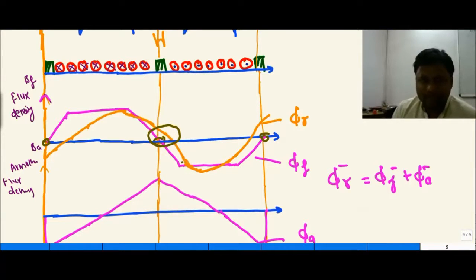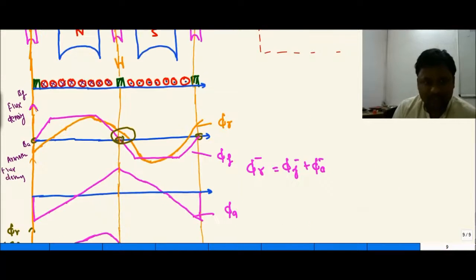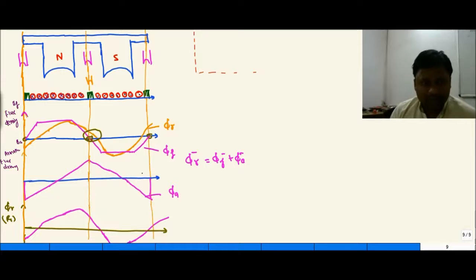So this is basically the MMF diagram of the armature flux. The resultant flux is distorted due to the armature flux and the field flux, and at the commutator axis or the interpolar axis there is some change in the flux density waveform like this.